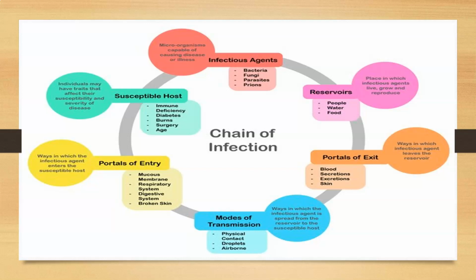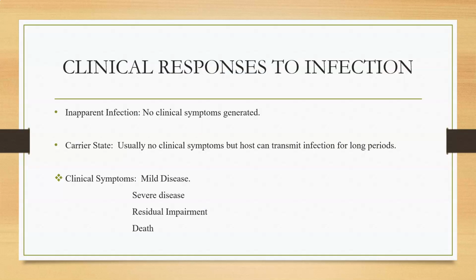The susceptible hosts are the individuals who may have traits that affect their susceptibility and severity of the disease. For example, there could be immune deficiency, or the person may be suffering from diabetes, burns, surgery, or age factors or other comorbidities. So that is about the chain of infection.